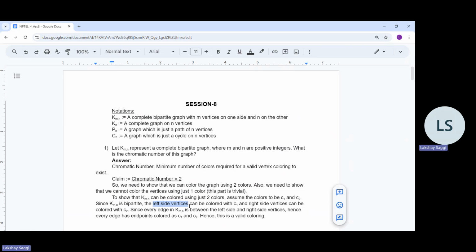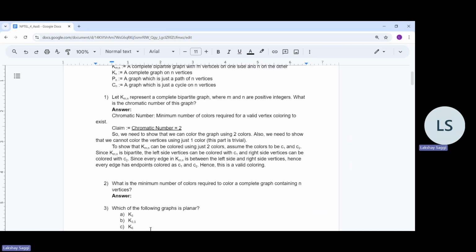If there was an edge between two left side vertices, then both endpoints can't be colored with C1, right? So this argument fails in non-bipartite graphs. Now maybe we can move on to the second question.